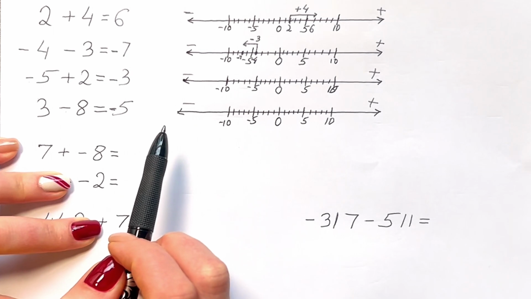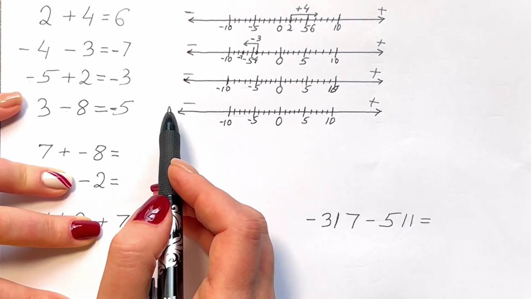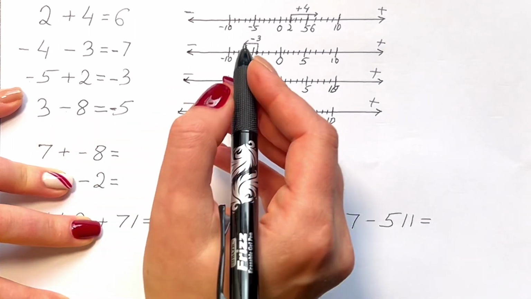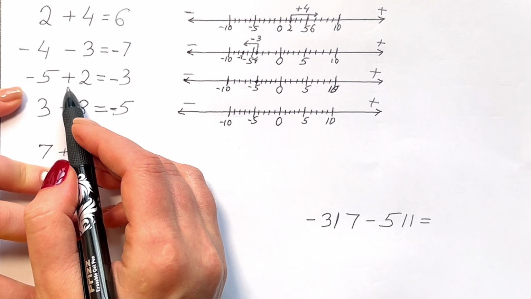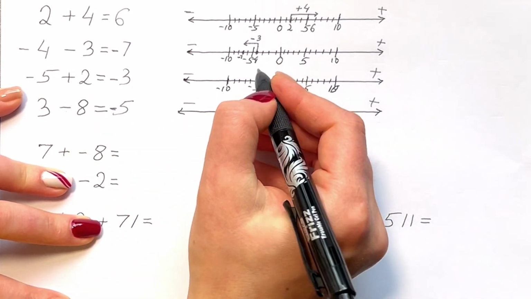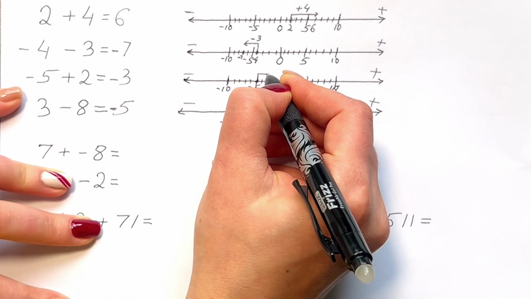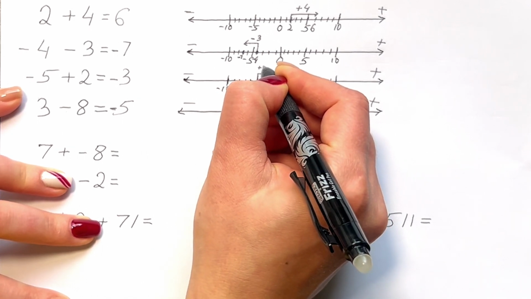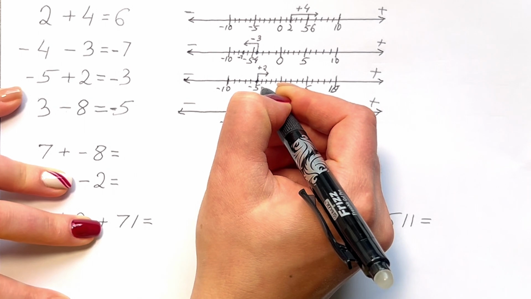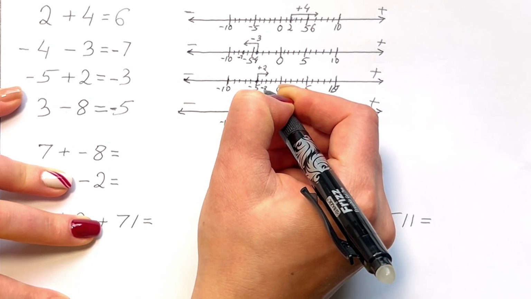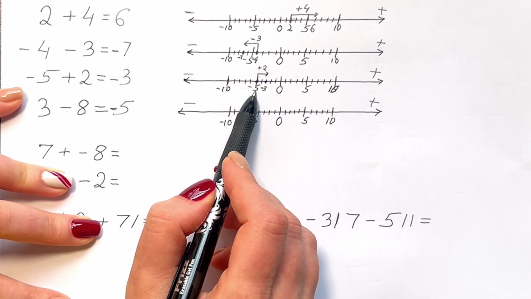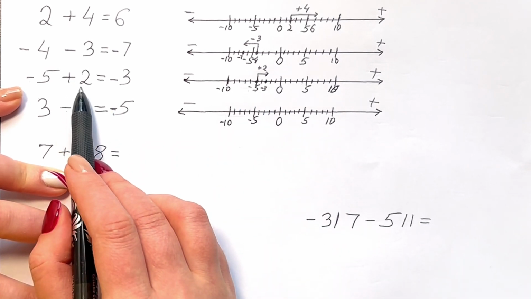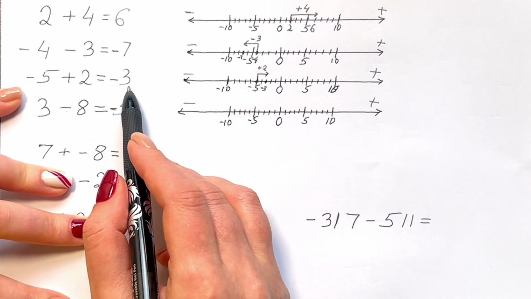Okay, let's look at the number line for these two examples. We are starting from negative 5, which is here. And because the second number is positive, we will go 2 digits to the right. Okay. 1, 2, which is negative 3. Okay. What we did, from negative 5, we went 2 units, 2 digits to the right because my 2 is positive, and we get negative 3.